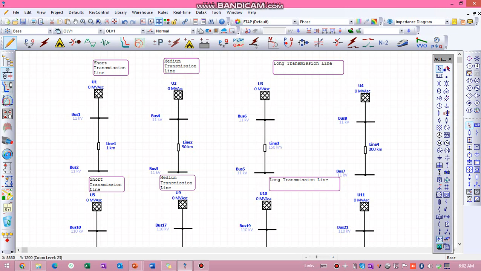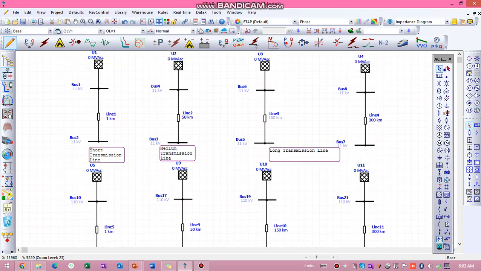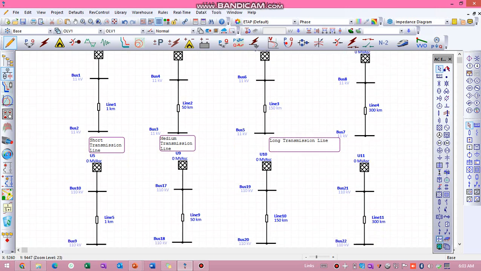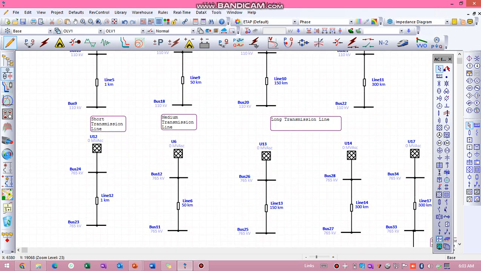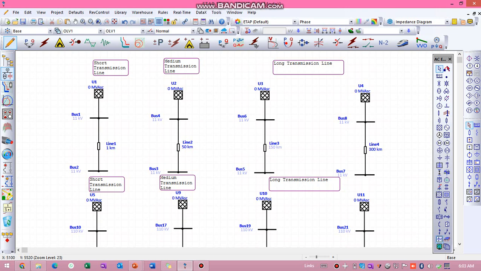The second is a medium transmission line, and the third and fourth diagrams deal with the long transmission line. I have taken different sets: an 11 kV, a 110 kV and a 765 kV transmission line. The lengths of the lines are 1 kilometer, 50 kilometers, 150 kilometers and 300 kilometers.